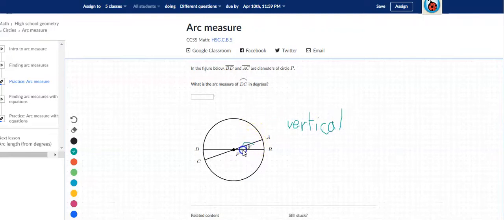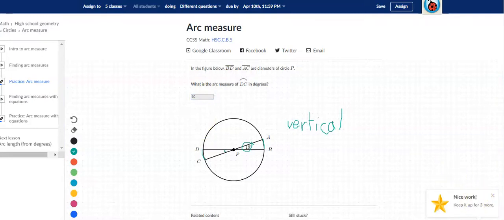But we have vertical angles right here. This is 19, meaning AB is 19. This is our vertical angle, and that means DC also equals 19. So I click in 19, I check, it tells me nice work, keep going.